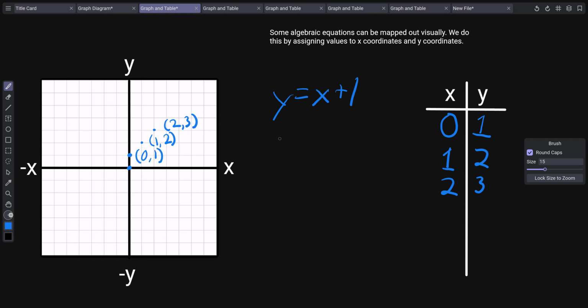And then we put a negative 1 in for x, so y equals negative 1 for the x plus 1. This gives us 0, because negative 1 plus 1 equals 0.